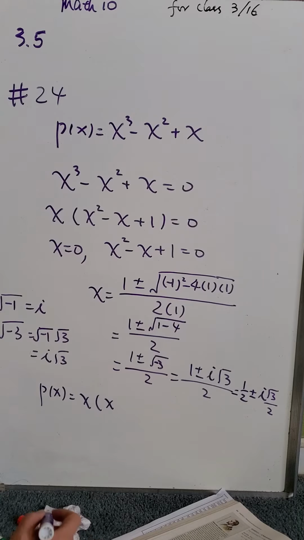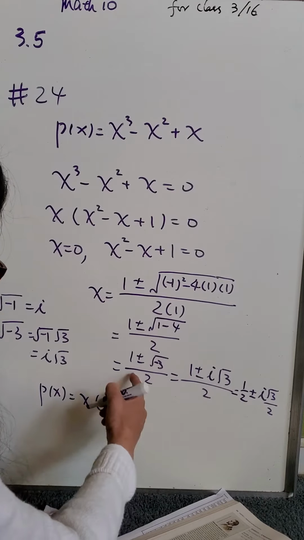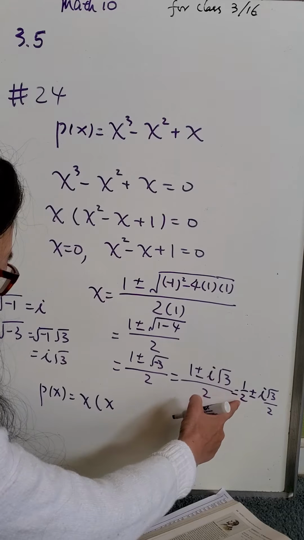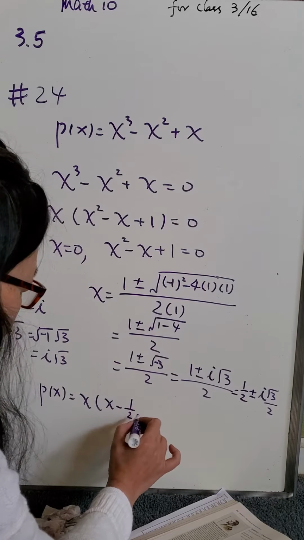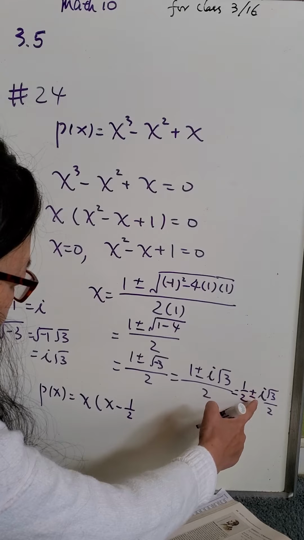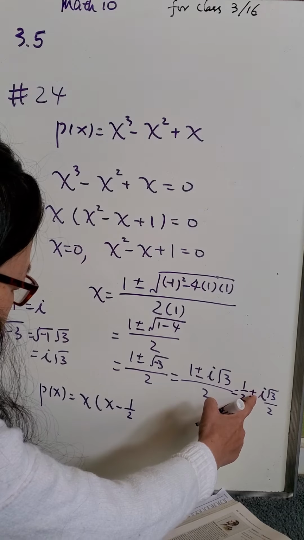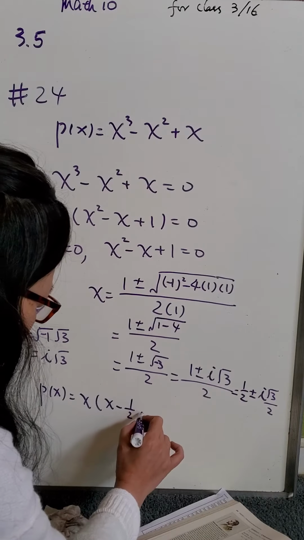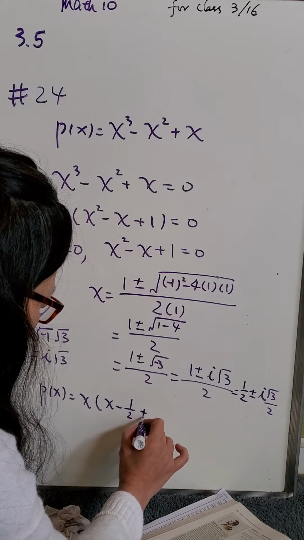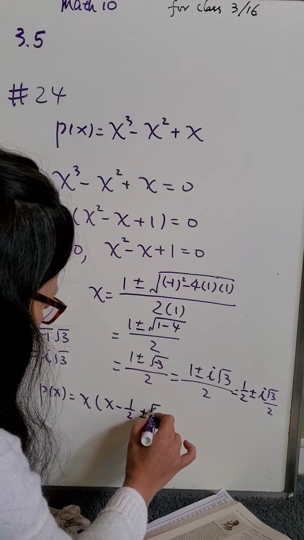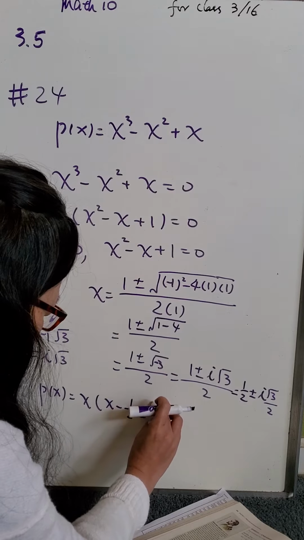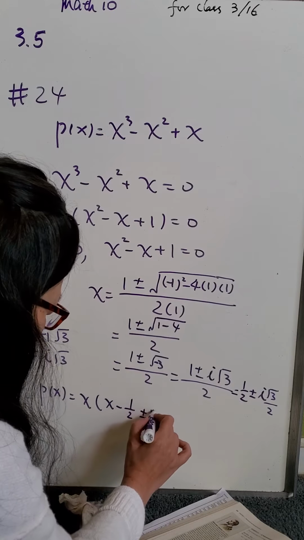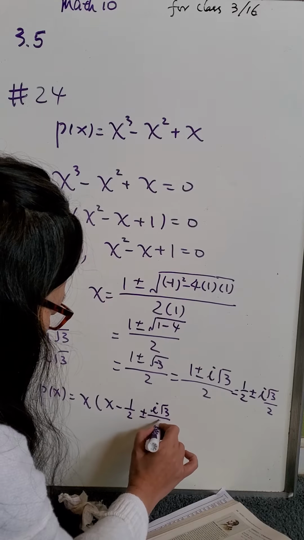Break it. So 1/2 goes to the other side and becomes negative 1/2, and then plus minus, oh, I forgot the i, i square root 3 over 2.